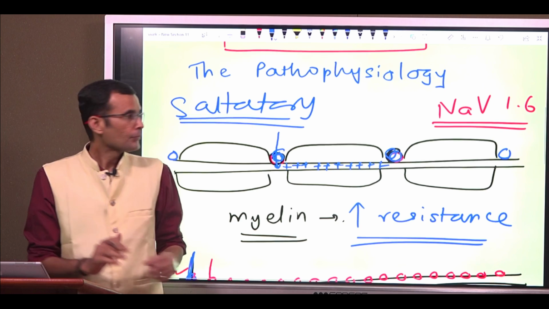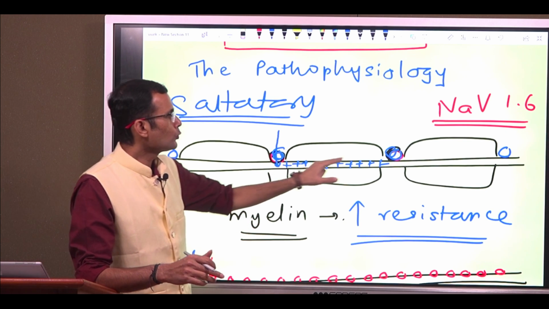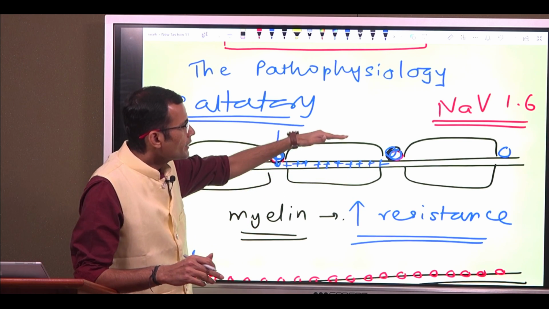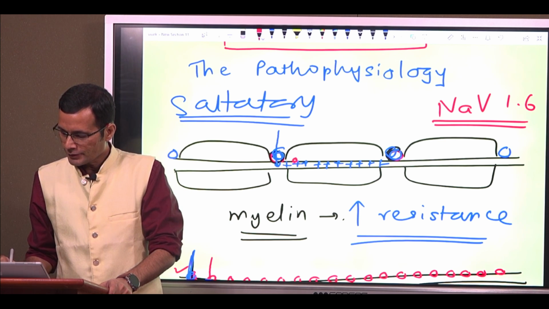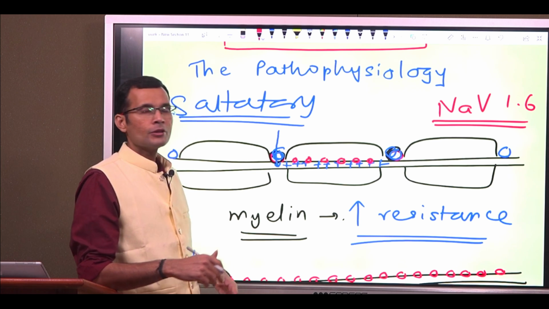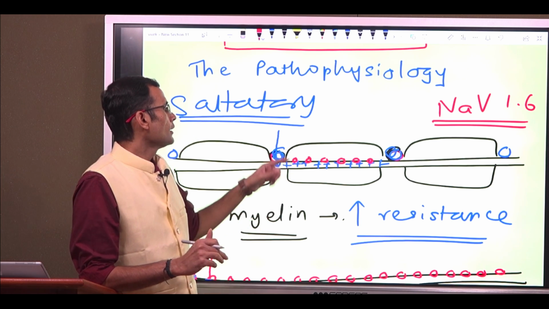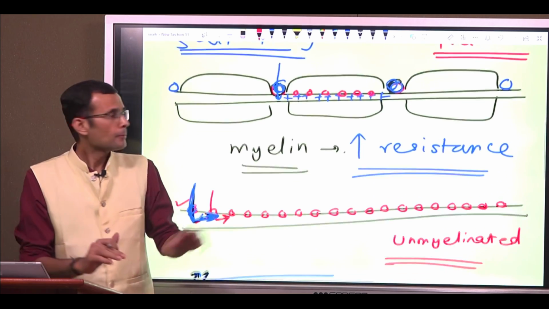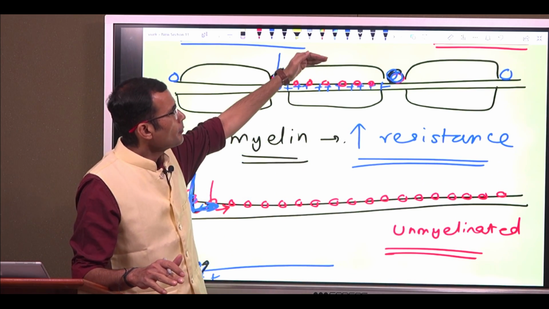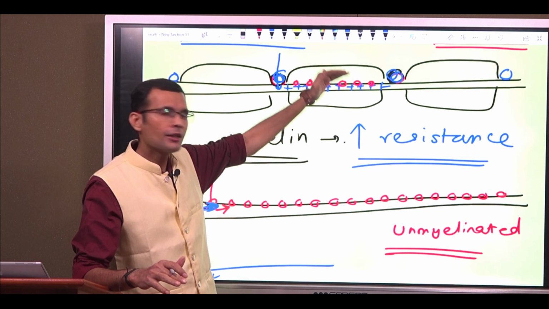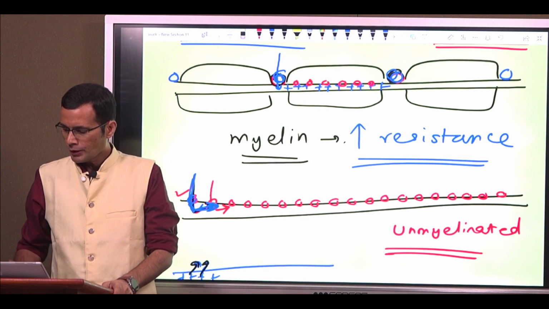We have said that there are no sodium channels beneath the myelin sheath, but there are potassium channels. They can bring about the repolarization of the segment.